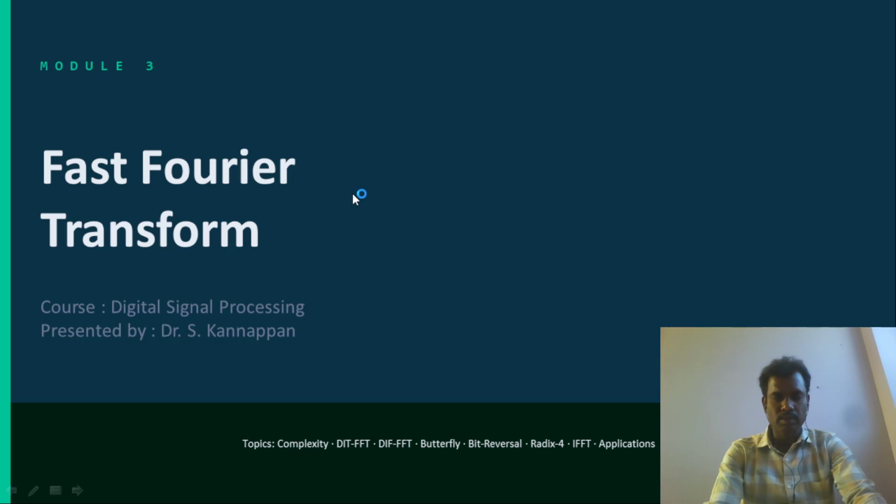There are two types of FFT, and also an overview of different radix FFTs: radix 4, split radix FFT, and mixed radix FFT. Here we are mainly covering radix 2 FFT, and its algorithm is performed by using the butterfly diagram. So we are going to discuss what a butterfly diagram is.